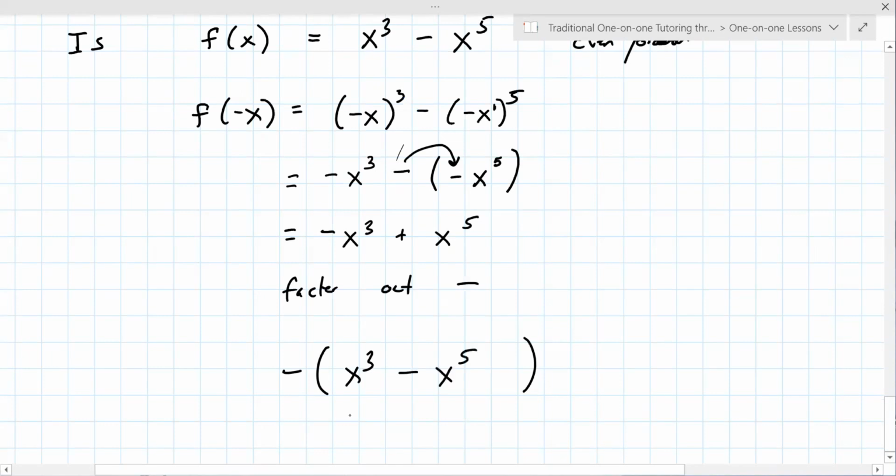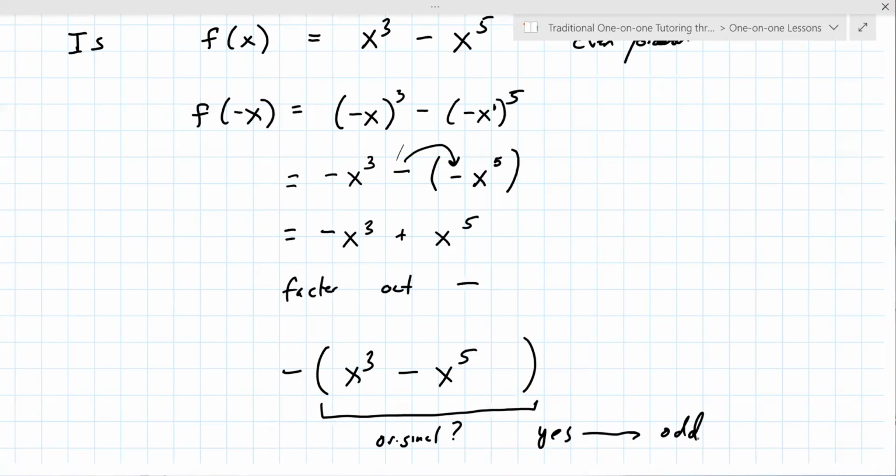Perfect. Now, what's inside the parentheses, is this the original? Yes. So this one is odd. That makes sense. So it's a recipe: do this, do this, do this, and ask questions along the way to get your answer.